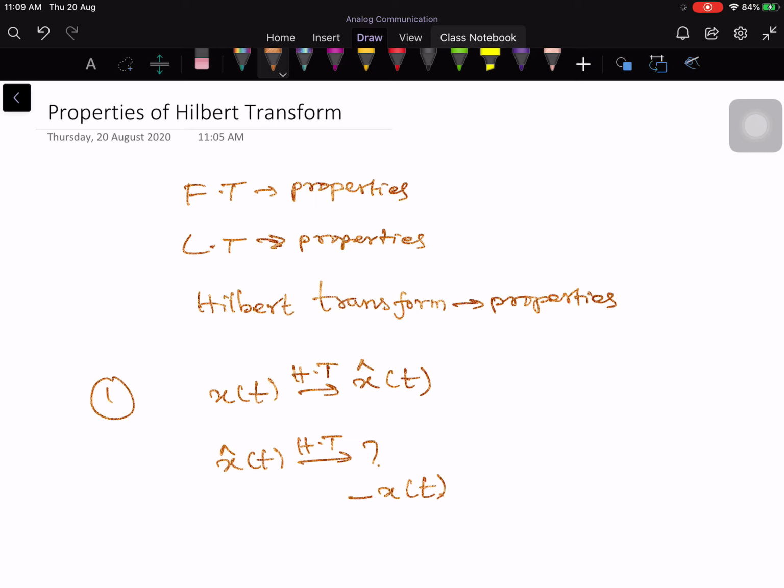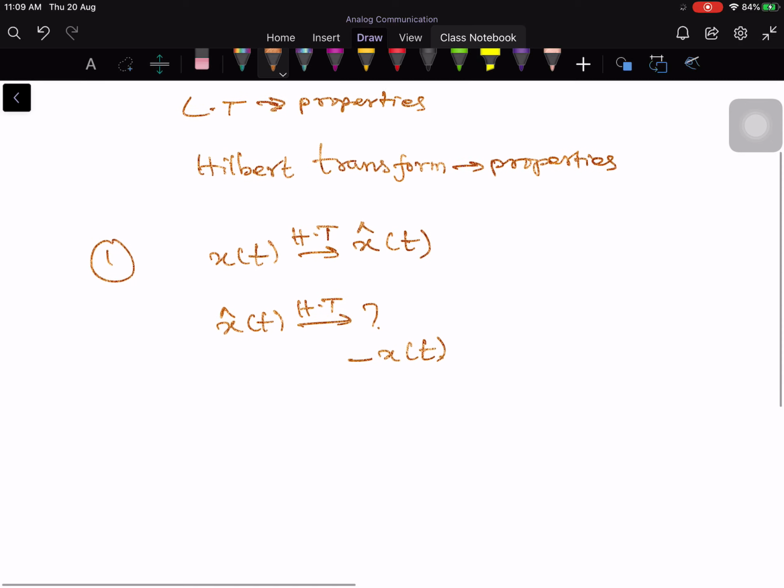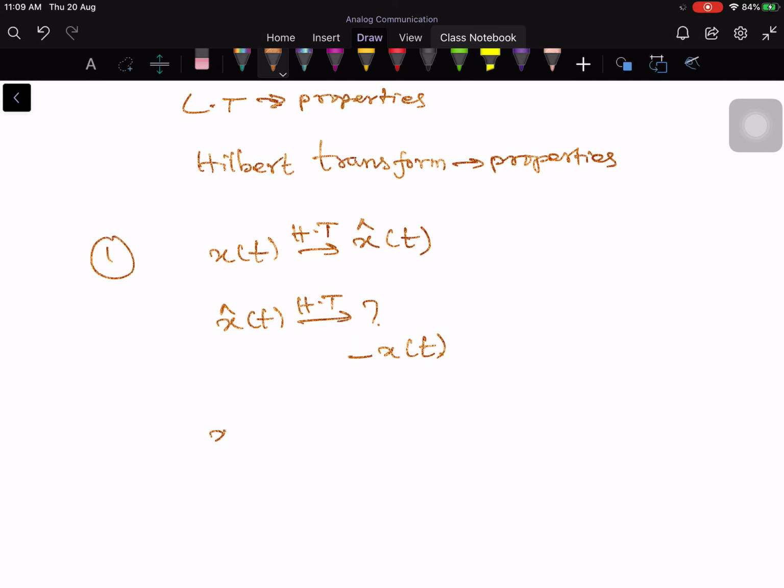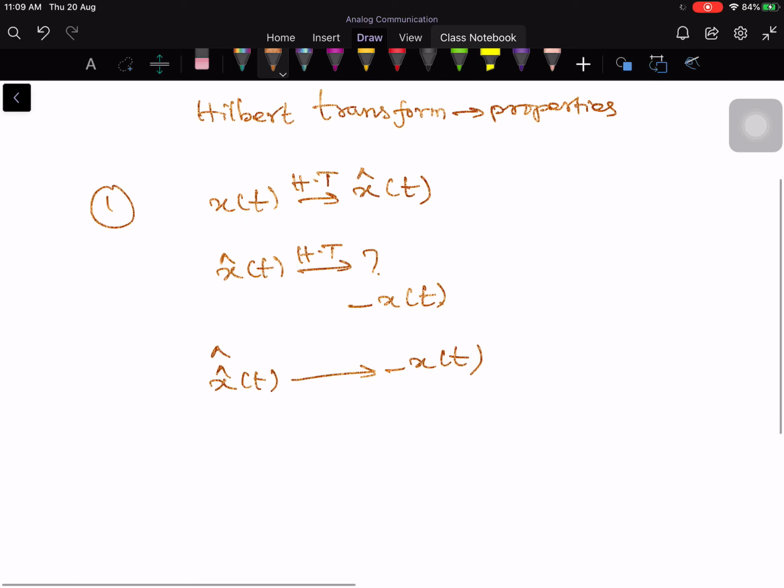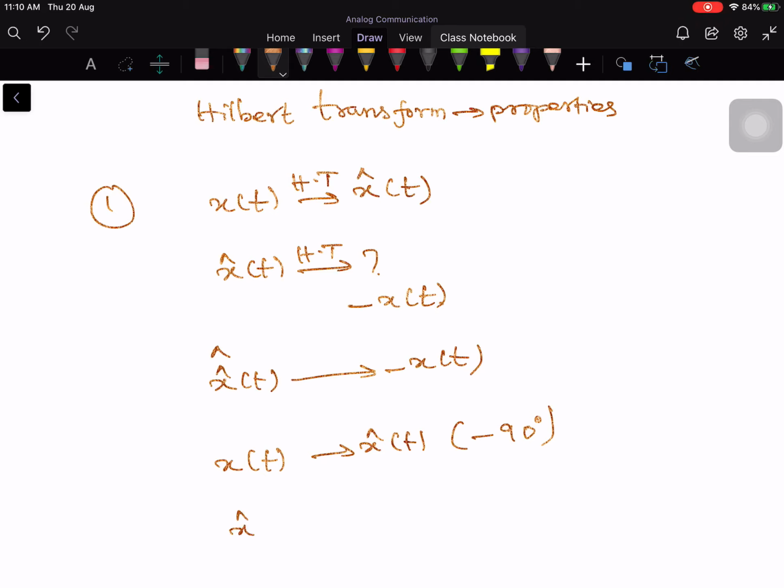Therefore the first property is: Hilbert transform of x of t, take one more Hilbert transform, you will get minus x of t, because in x hat of t the signal undergoes a phase shift of minus pi by 2, right? X of t to x hat of t, what is the phase shift? Minus 90 degree.